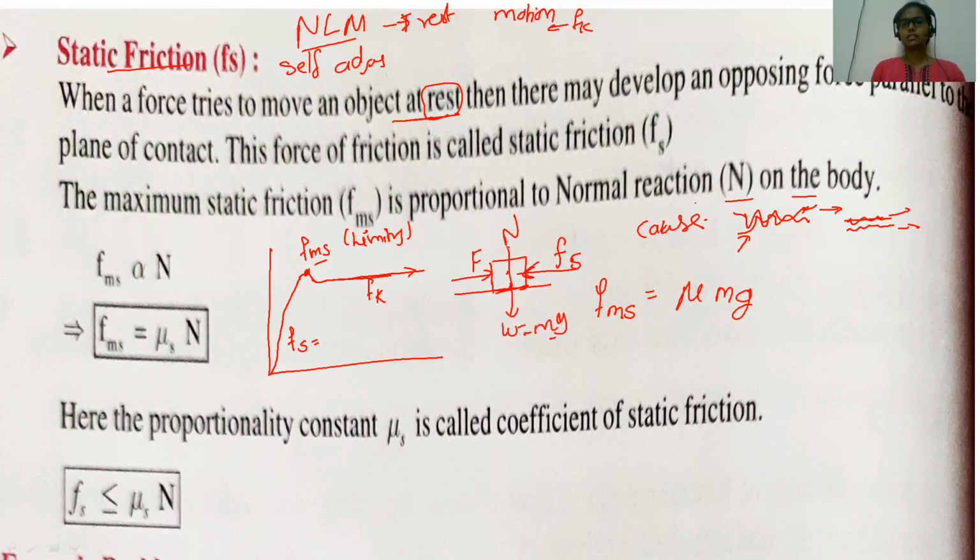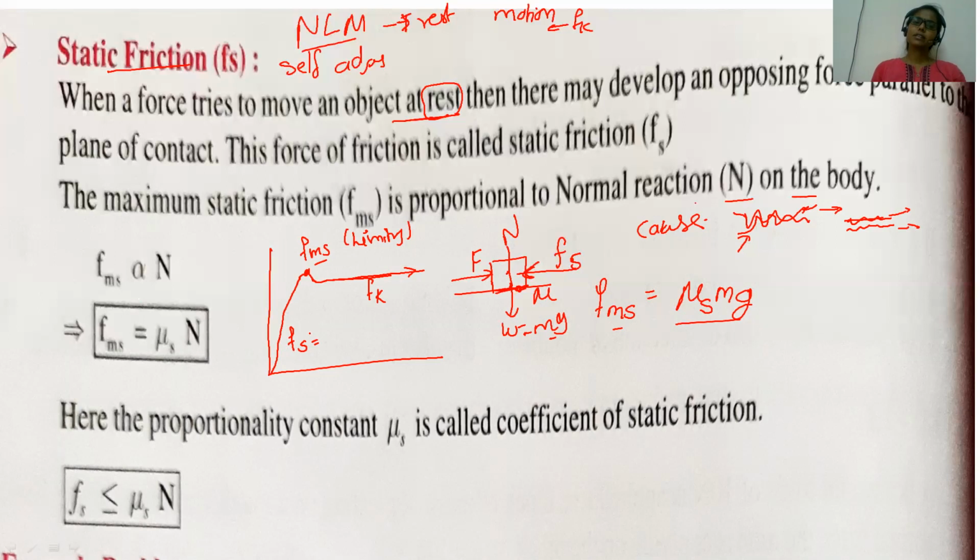This mg is balanced by the normal reaction. What is the coefficient of friction between the two surfaces? That times mg, the weight, is what the maximum static friction depends on. Understood, children? The maximum static friction formula is mu s, the coefficient of static friction, into mg.